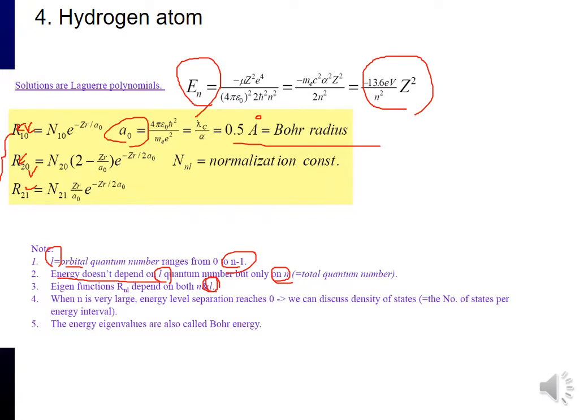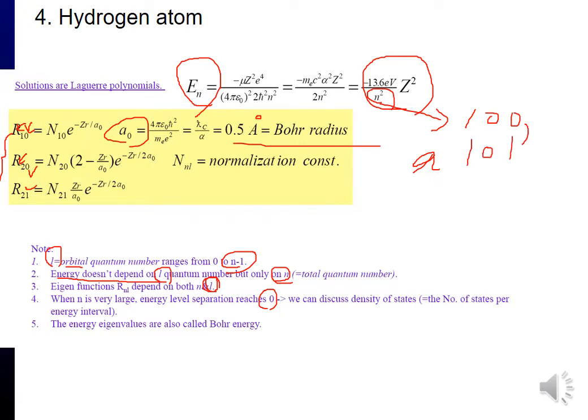When n is very large, the energy level separation reaches 0, because it is inversely proportional to n squared. So if we think about n, this n could be like 100, and then the next level 101.